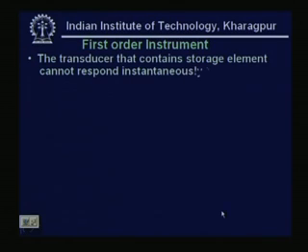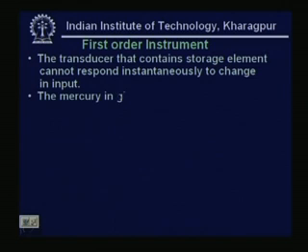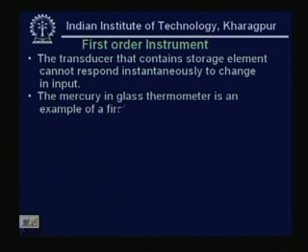Now, next we will consider a first order instrument. The transducer that contains a storage element cannot respond instantaneously to a change in input. The mercury in glass thermometer is an example of a first order instrument.